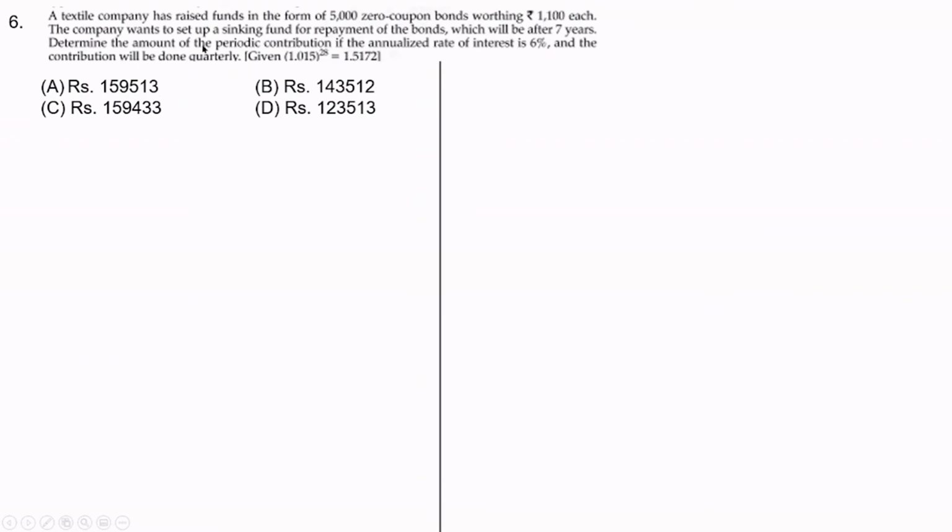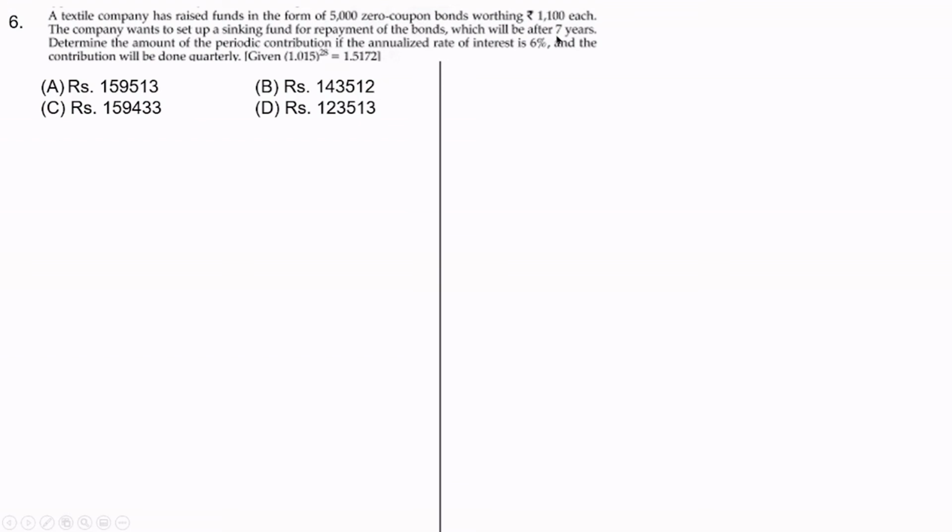So here the company has raised 5,000 zero coupon bonds. Zero coupon bonds are bonds which are sold at a discount and redeemed at par. The face value of the bond is rupees 1,100 each. The maturity period of the bond is 7 years.